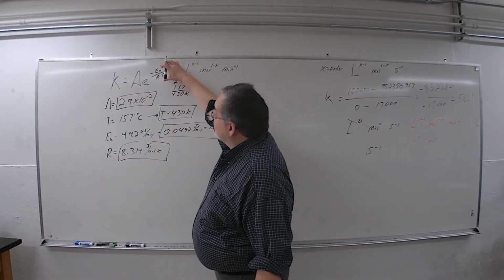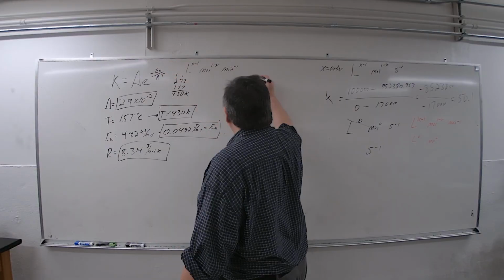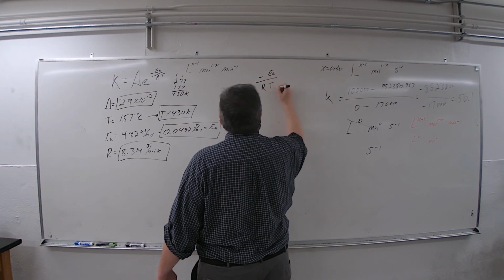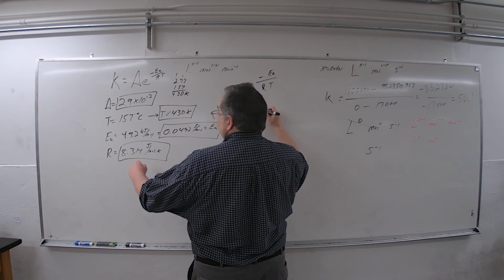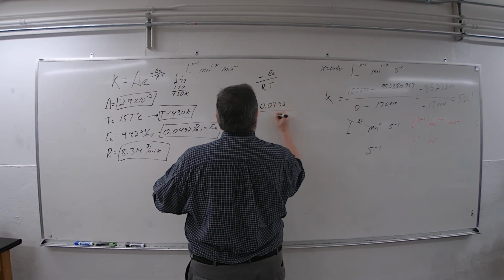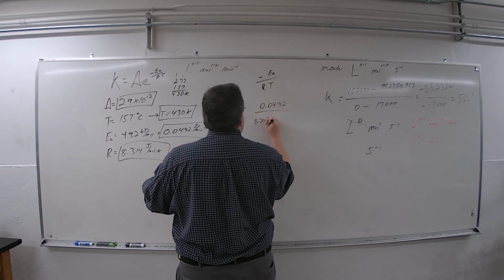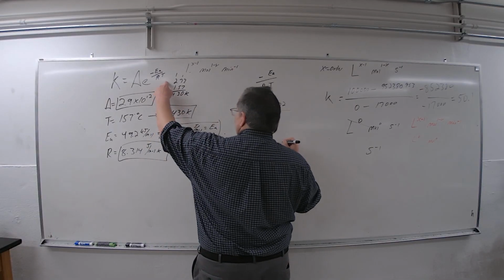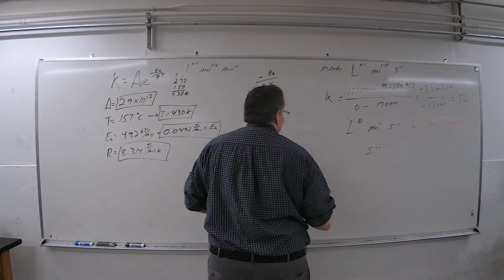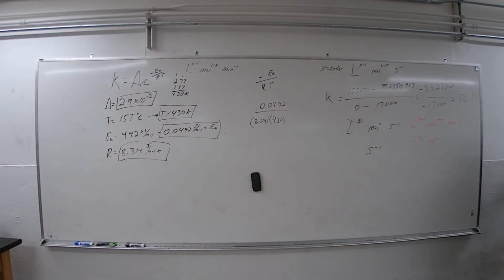So you have everything up here, so let's solve for negative EA over RT. And that's going to be over 8.314 for R. And the temperature is 430.